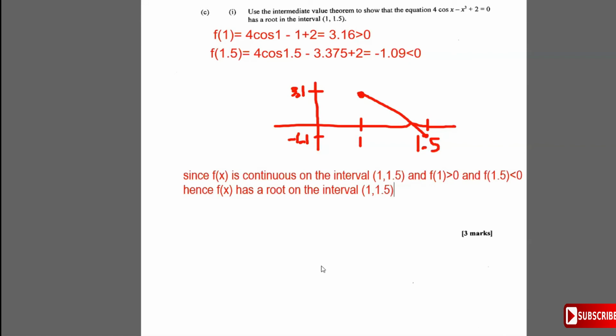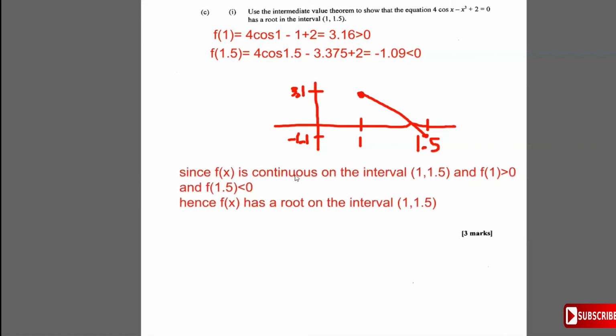Nice and easy. So that's that question. Nice.